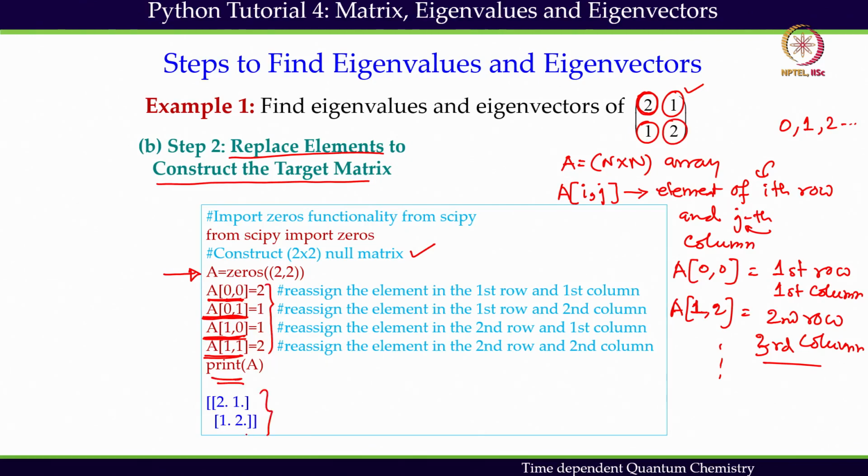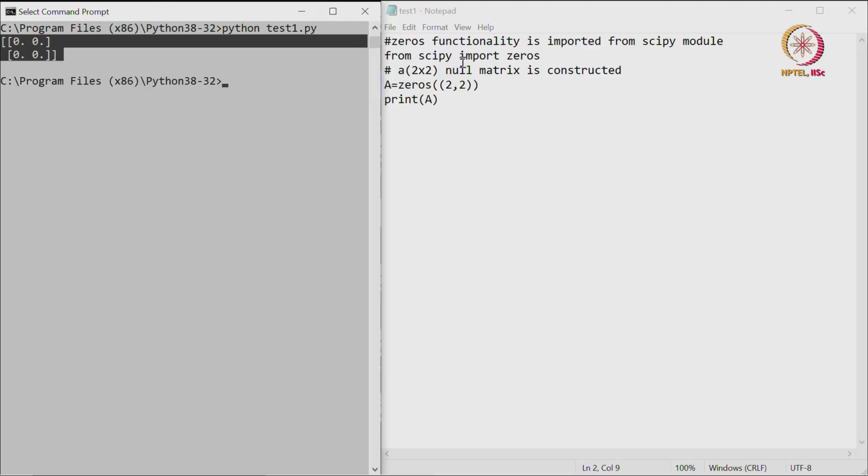So, let us go back to the laptop and find out how to do that. So, I am going to now assign individual values. I am going to assign it like this way.